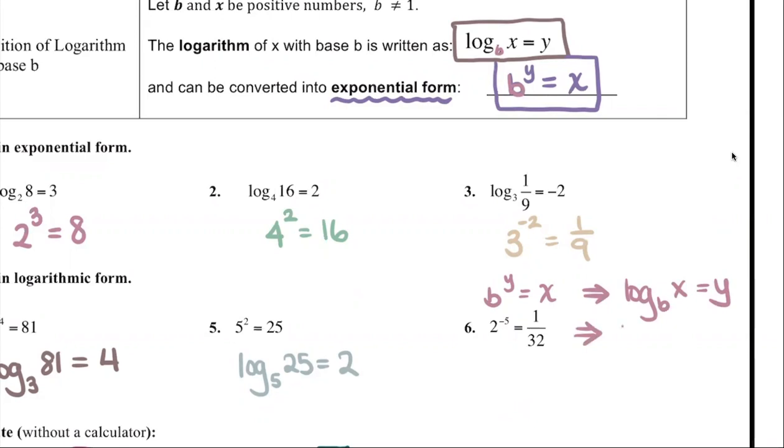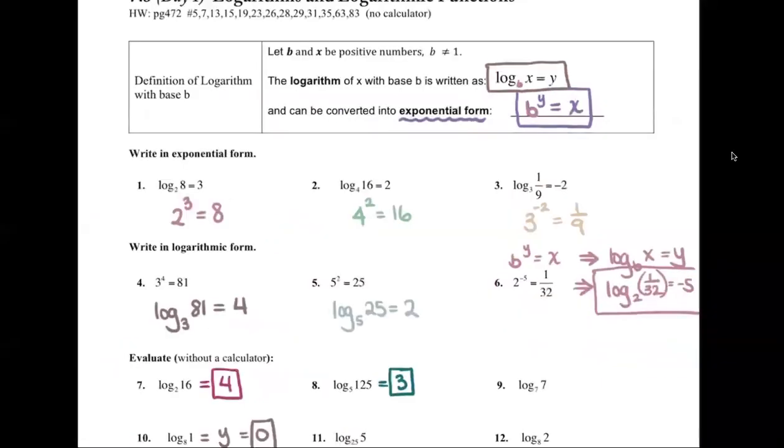Okay, so log base 2 of what did you say? 1/32. Good. Equals -5. There you go. Now you got it. Makes sense. I just wrote them out wrong in the beginning. No problem. Go back and fix the other ones. Good job. Nice, guys.